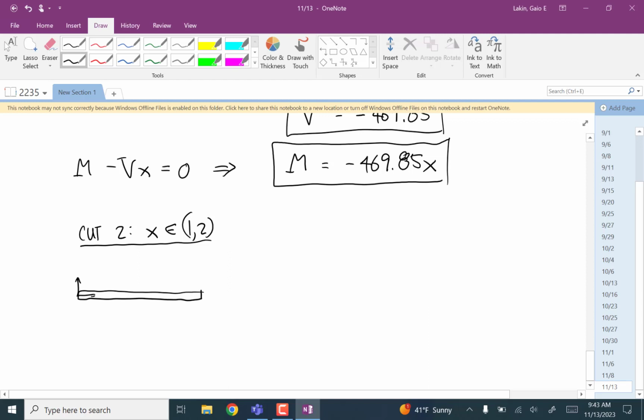So over here we have the 171.01, negative 469.85. A meter away, we have these forces, negative 342.02, 939.69, and then we have the internal loads.